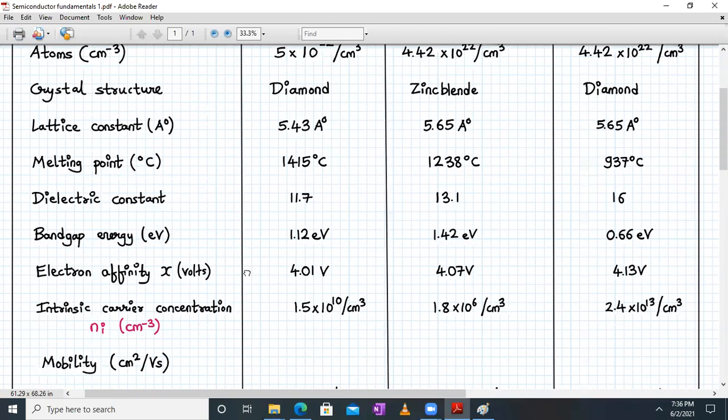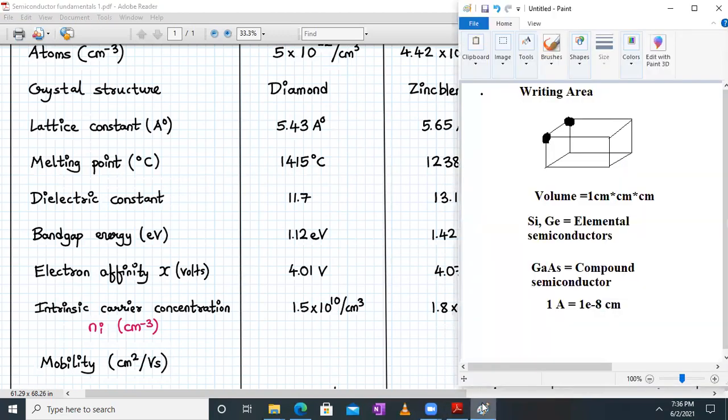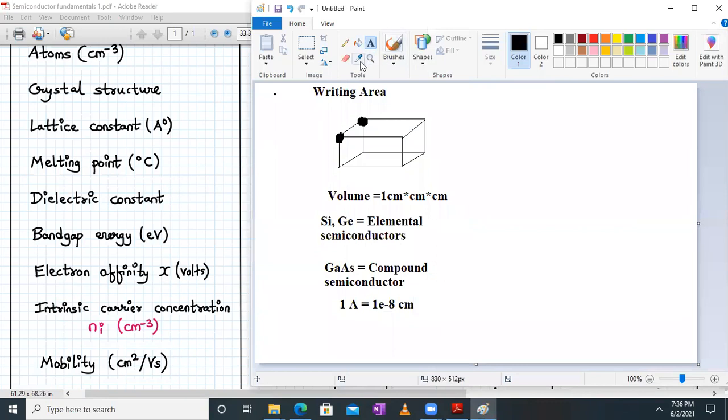Then the band gap energy. Now what is the band gap energy? Let's say you have your conduction band. This is my conduction band EC, and this is my valence band. I hope you know what a conduction and a valence band are.